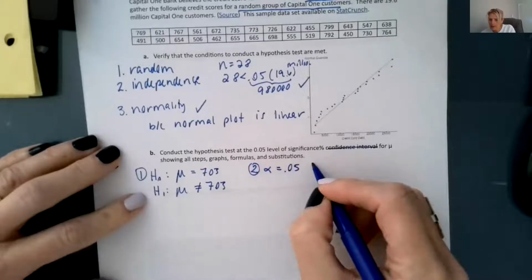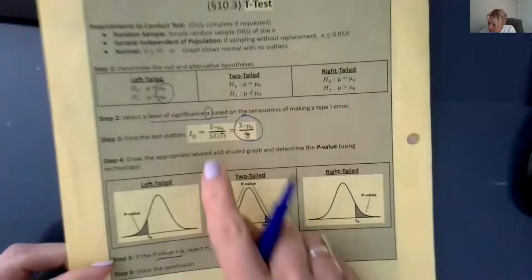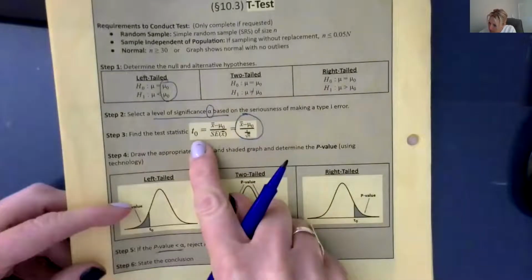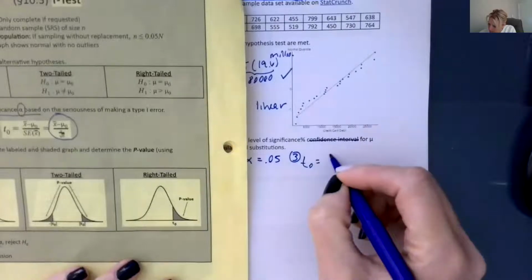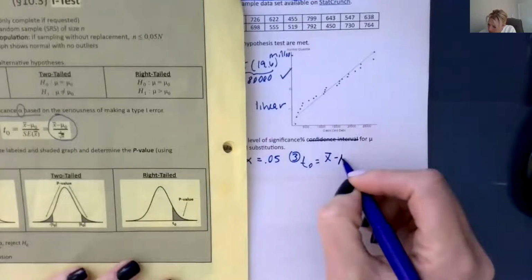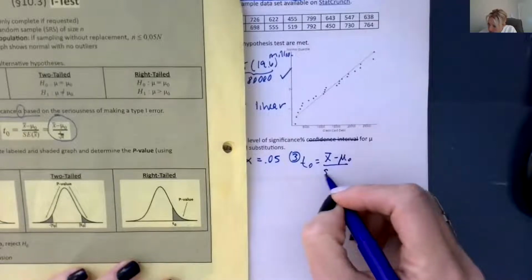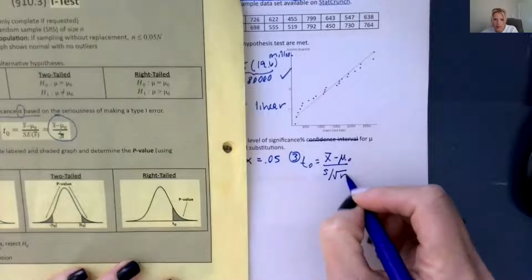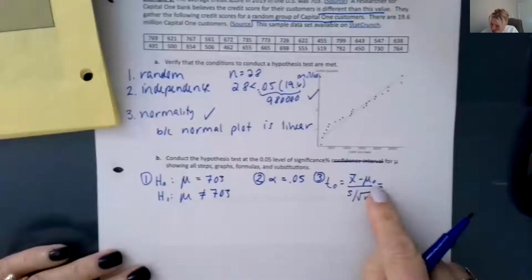And our test statistic is now called a t0. So t0 is equal to x bar minus mu 0 over the standard error, which is s divided by the square root of n. This is going to come out of StatCrunch. We don't have our sample mean because that's from our data right here.